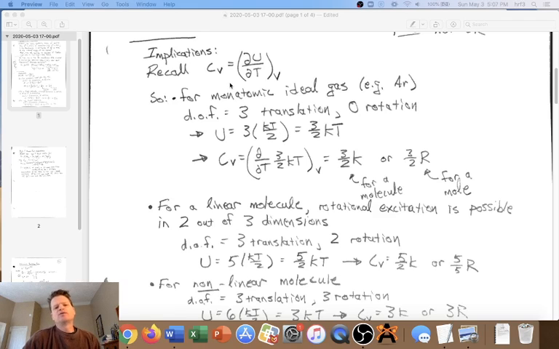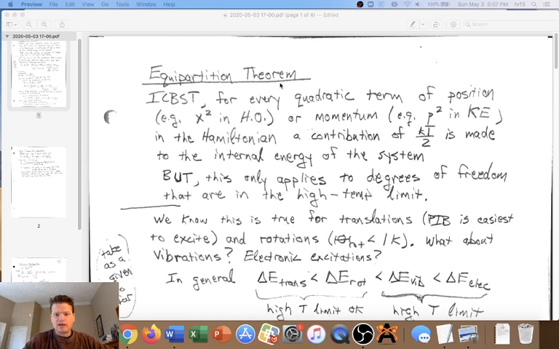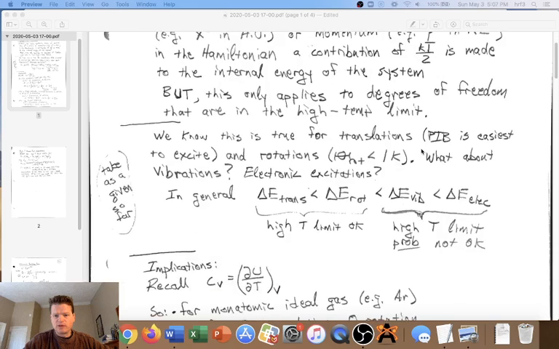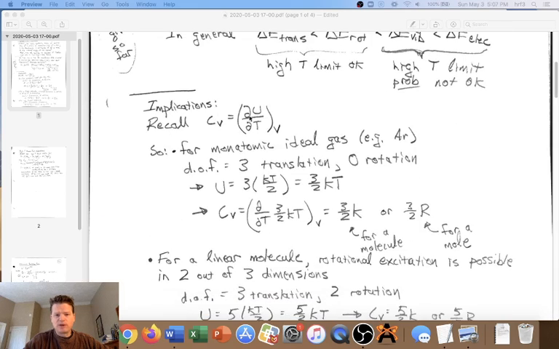So the implications are pretty cool, actually. So going back to Chem 317, and whether you took it or not, just know that, for example, the constant volume heat capacity is the first derivative of the internal energy with respect to temperature. So if we can just know, okay, for every quadratic term we get a kT over 2 in the internal energy, then we should be able to get the internal energy and the heat capacity.